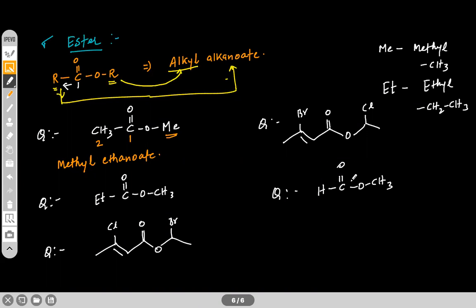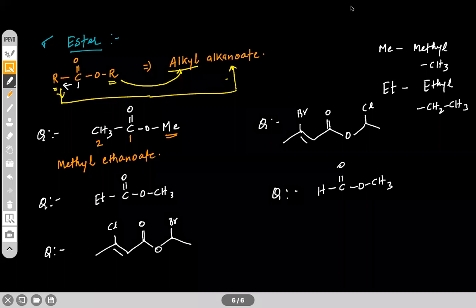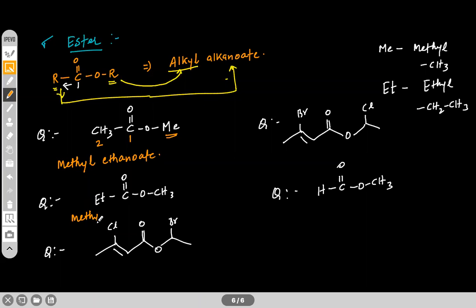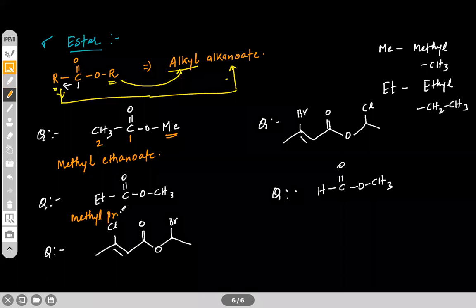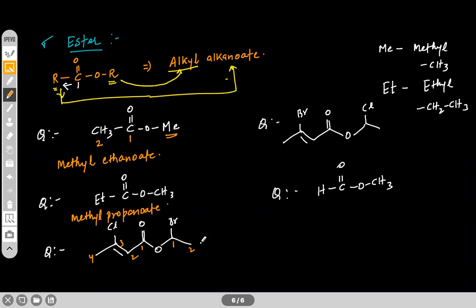Done, all of you? Okay. So this one is methyl propanoate. This one is 1, 2, 3, 4, and 1 and 2. Right?